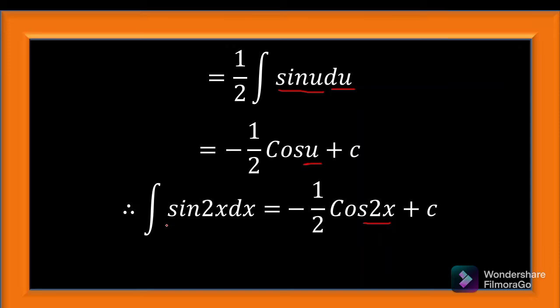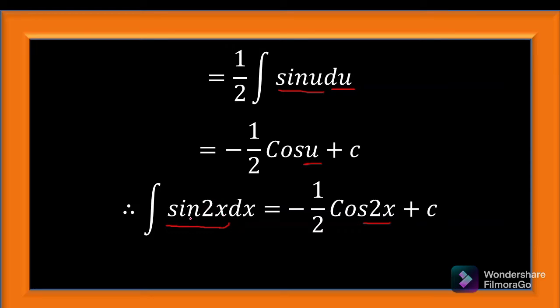Looking at this integral and looking at our function, look at the angle. The angle is 2x. When you differentiate 2x, you get 2. I'm going to give you a shortcut of how to find this answer without going through all the steps we have gone through, if it just comes out as part of a given question, as we shall look at ahead. So I differentiate the angle, which gives me 2.